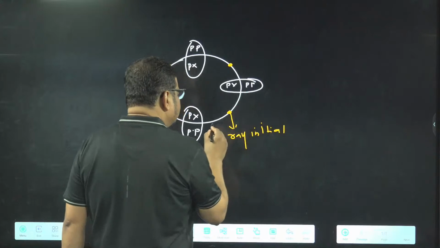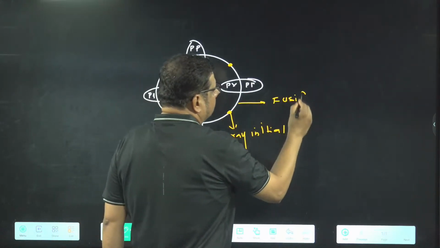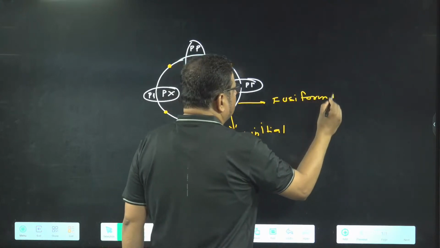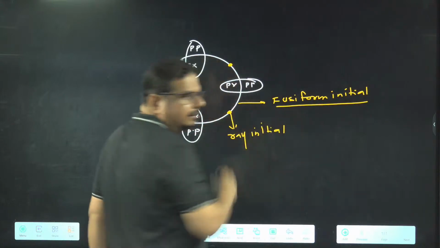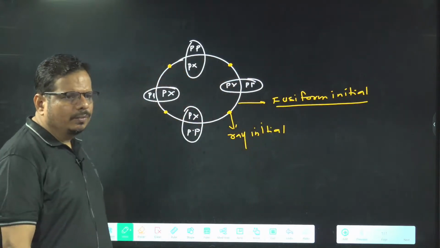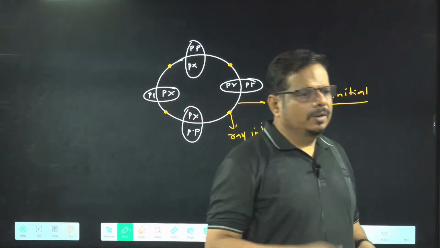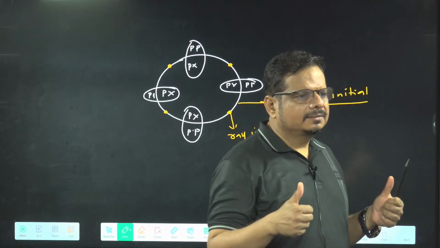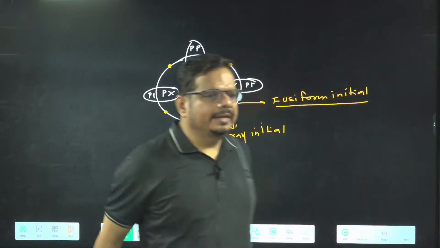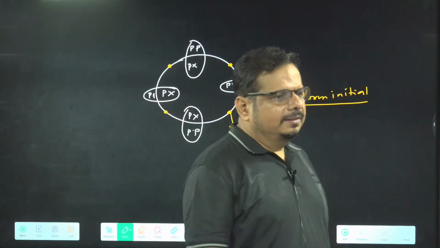And another one is which one? Fusiform initial. Right. Ray initial and fusiform initial. We discussed about that already, right? What ray initial is forming? Discussed? Done? Yeah. Then intrastellar is over. Right.